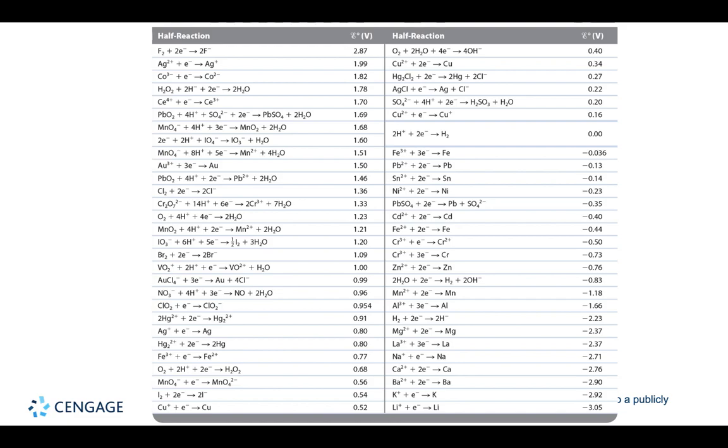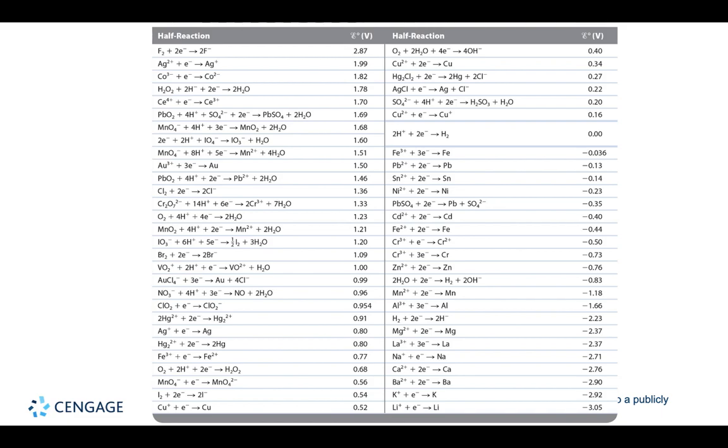So the one that we decide to flip and let be the oxidation reaction is the one that has a lower E0. And then to find what voltage that combination of two half reactions, that reduction and oxidation reaction, will give you, you simply take the two numbers on the number line and take the higher number minus the lower. I like to think of it as simply how far apart are these two numbers on the number line.